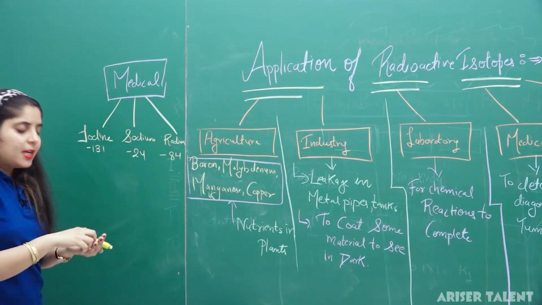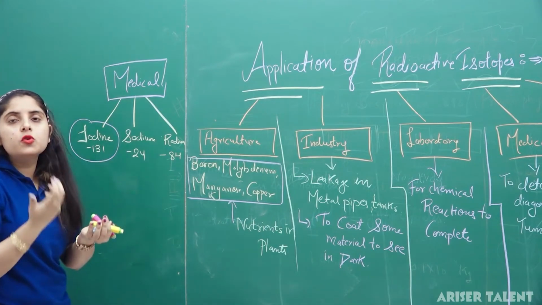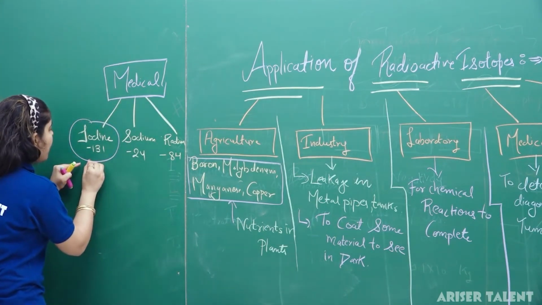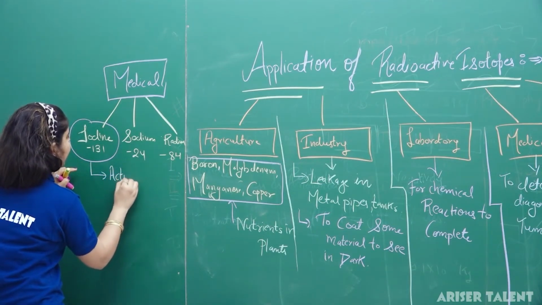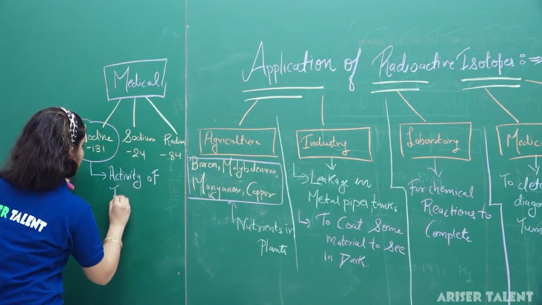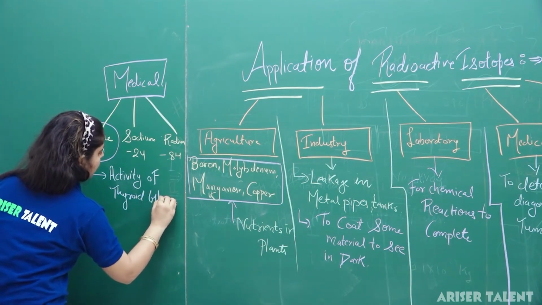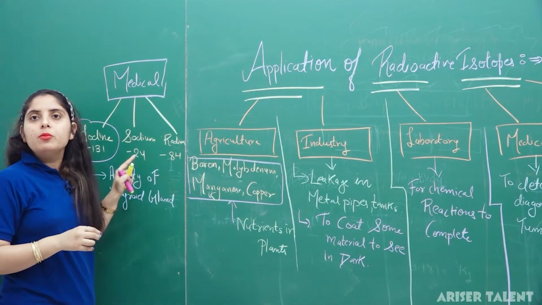Our first isotope, that is iodine 131, is used to check the activity of the thyroid gland. Our next isotope is sodium 24.